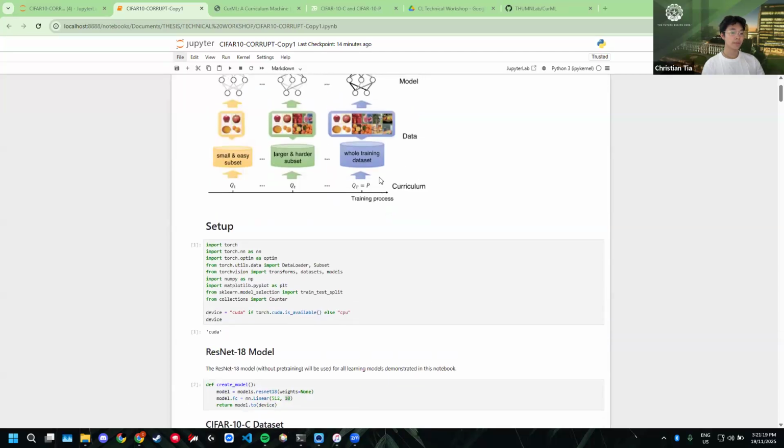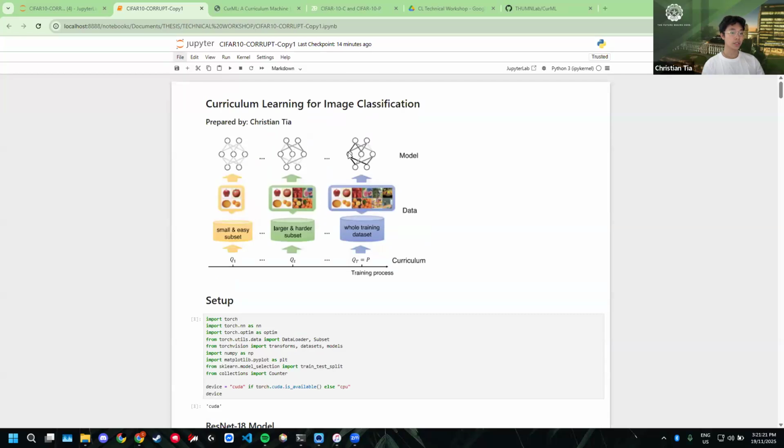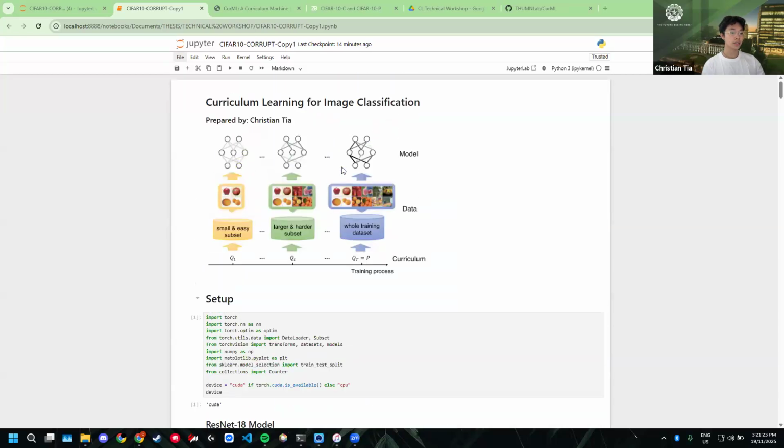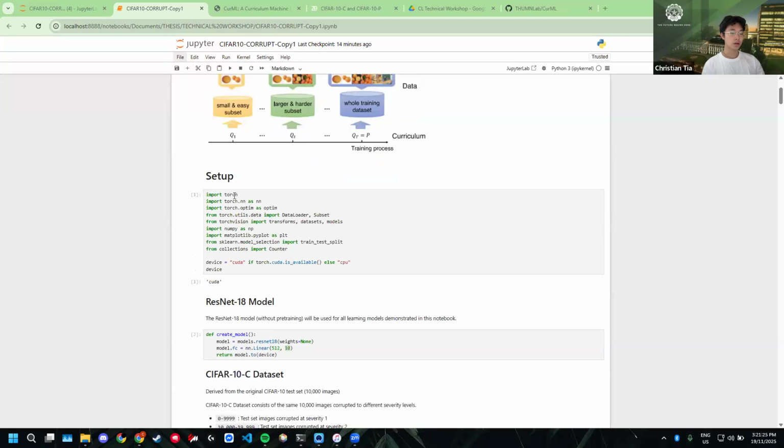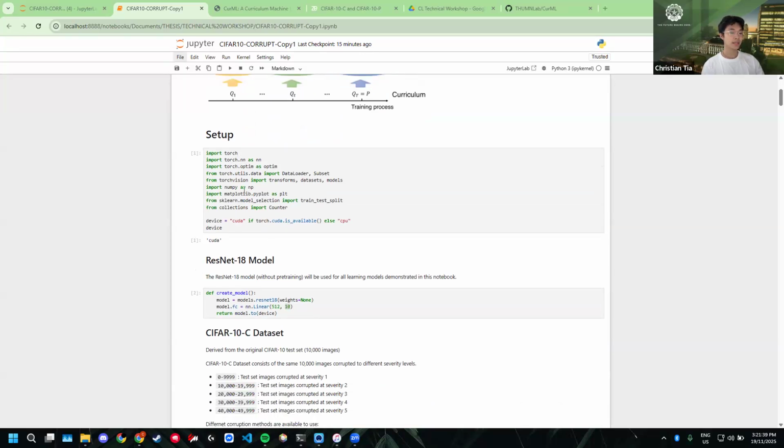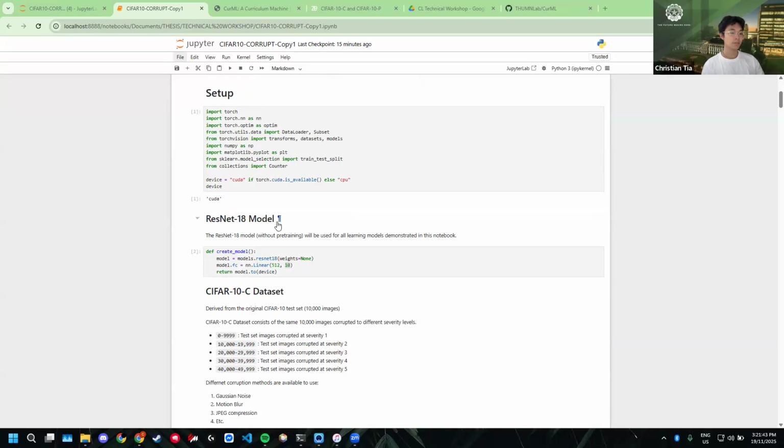So yeah, we'll be implementing curriculum learning using the following libraries. There's no real requirement on the versions, as long as they're up to date and compatible with each other. So I'll be using PyTorch. I recommend the CUDA version so that you can take advantage of your GPU if you have one. And then Torch Vision, NumPy, Matplotlib, sklearn.